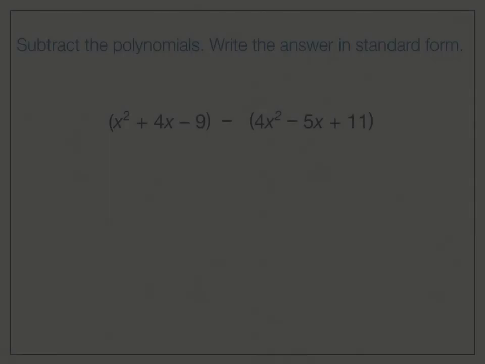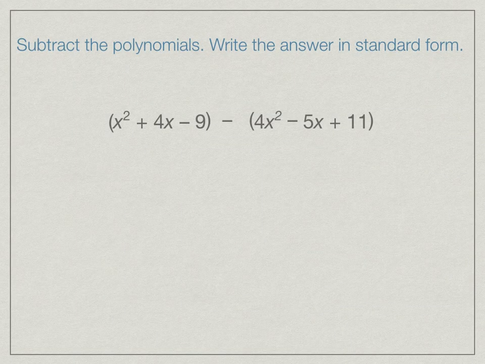One more example for subtracting. In front of the second polynomial, remember we want a -1, which will be distributed 3 times over. And how I like to think of that is, I'm going to rewrite my first polynomial, but my second polynomial, I'm simply going to change the sign of all 3 terms.